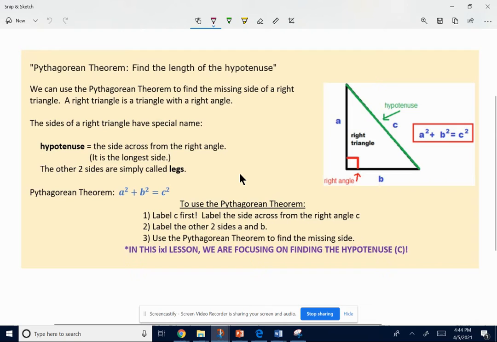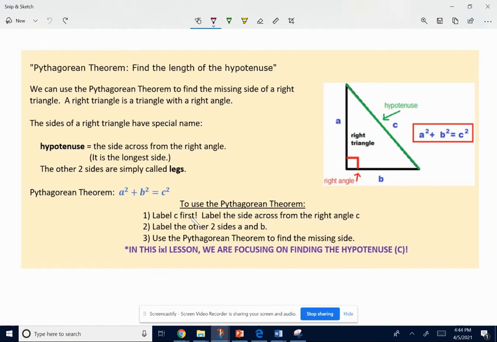I'll show you how this all works. We're going to use the formula a squared plus b squared equals c squared to find the missing side of a right triangle. The way you do it, first you label your right triangle. Label C first. I promise you, if you do this first, you'll be better off.